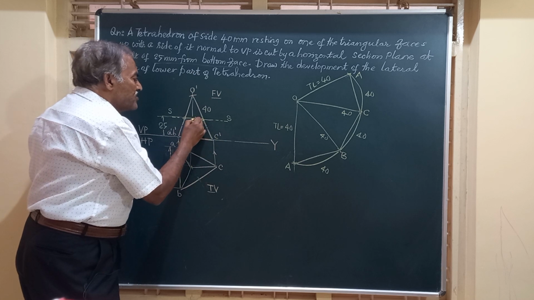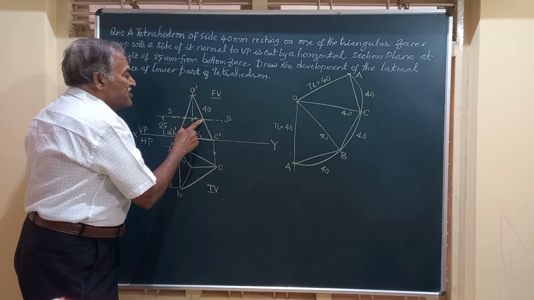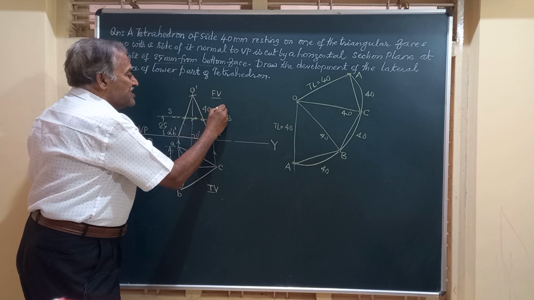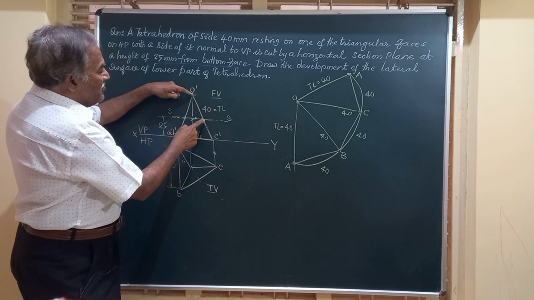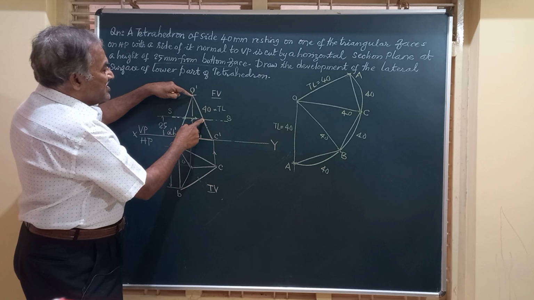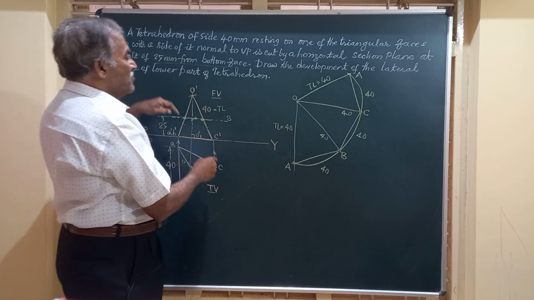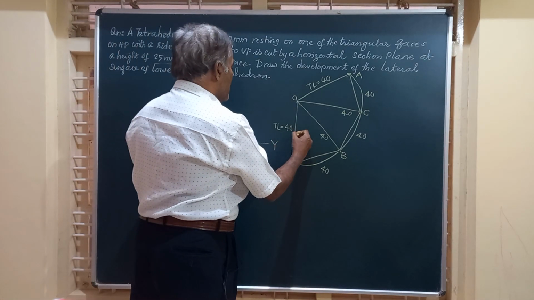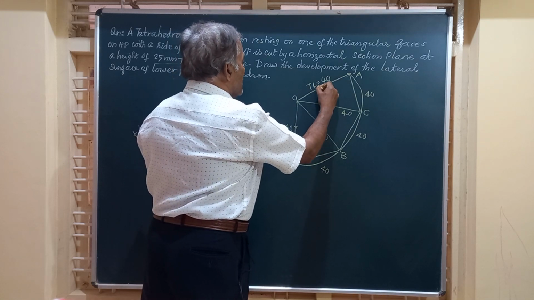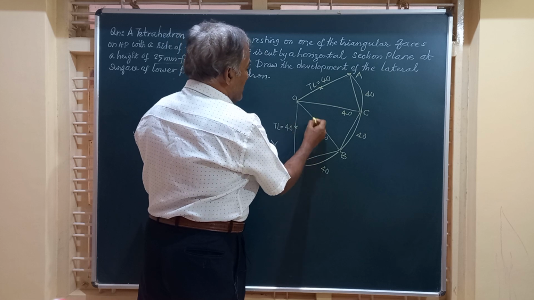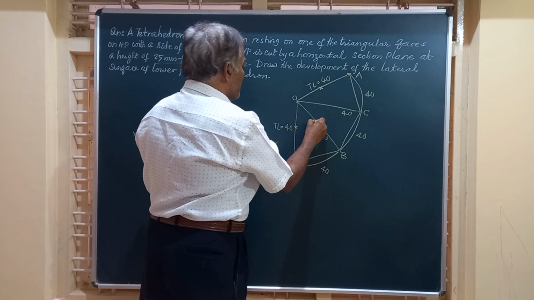So I am going to transfer this point to the true length line. This is TL, which is equal to 40. So on OA and OB, I am going to mark this distance on OA and also on OB.